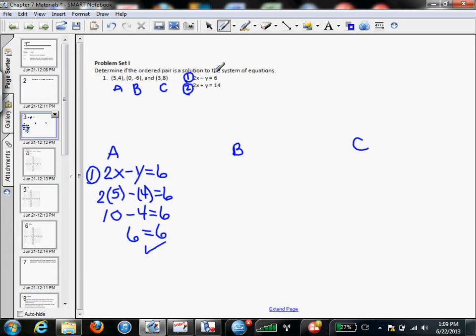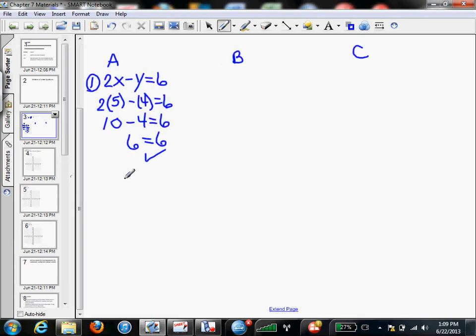But let's see, does the coordinate of A also work for equation 2? So let's take a look. Oh, excuse me. Should be 2.